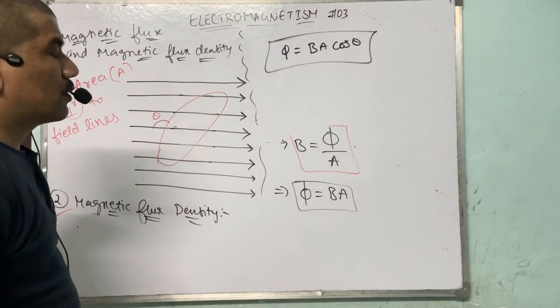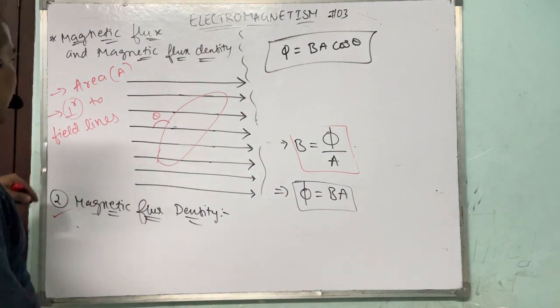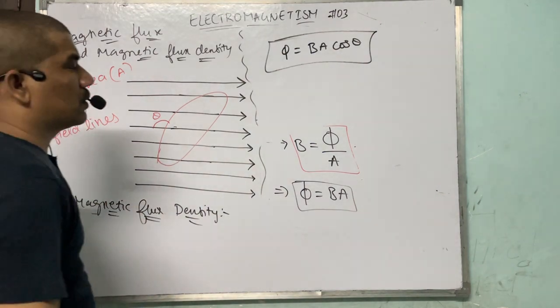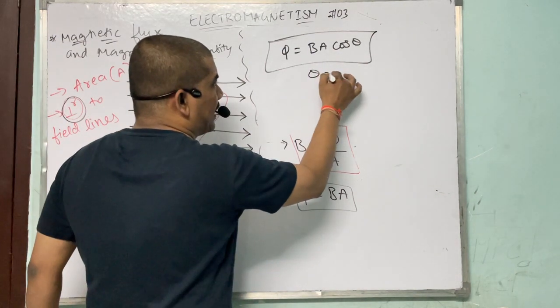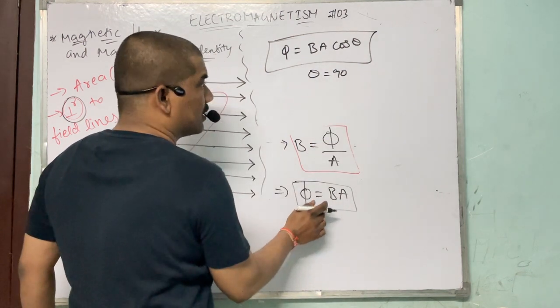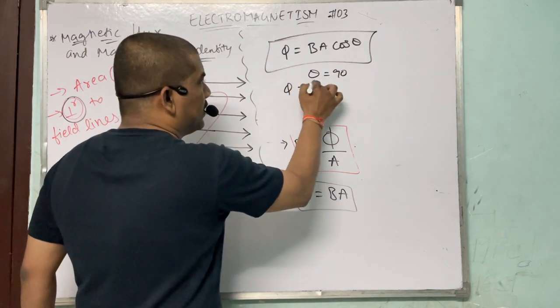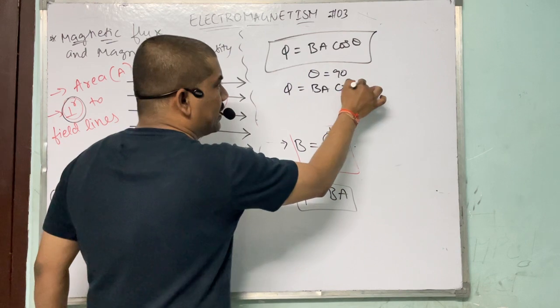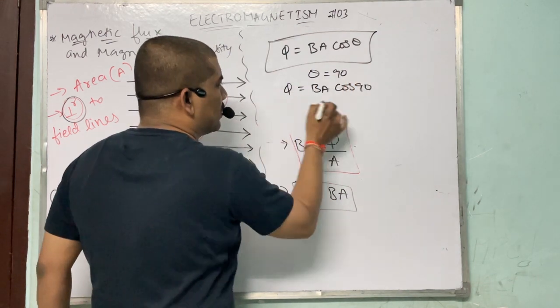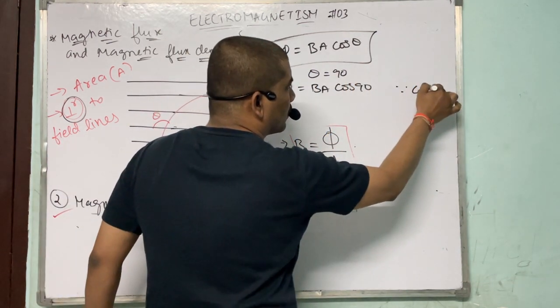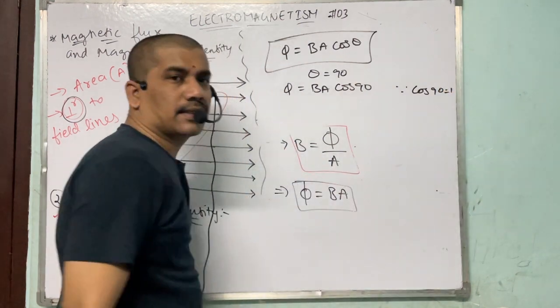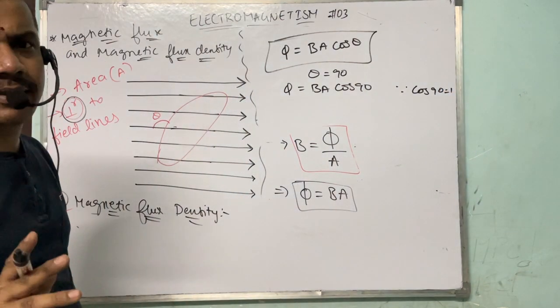Right. So earlier I considered 90 degrees. Now theta you keep 90 degrees, then we'll get this answer. See, BA cos 90. Cos 90 value how much? 1 or not? Cos 90 will be 1.